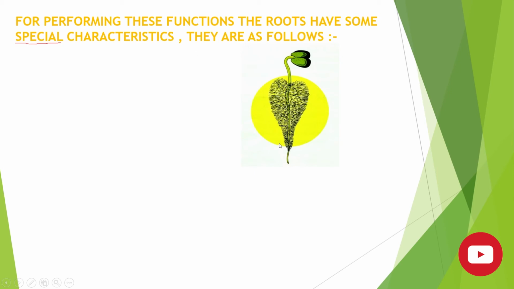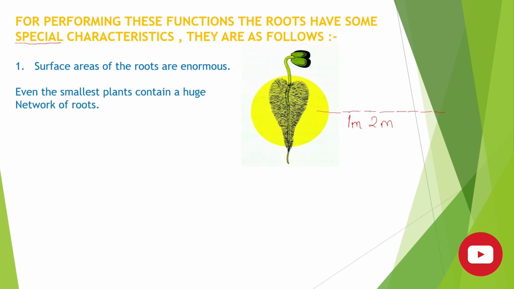So by this we can conclude that under the ground, roots actually cover a lot of distance, a lot of surface area, and that can be proved even. If these root hairs are placed in a single straight line, then it will be observed that they are covering more than 1 meter, 2 meters of distance, which is a lot of surface area. Hence, by this diagram, we can conclude that the surface areas of the roots are enormous.